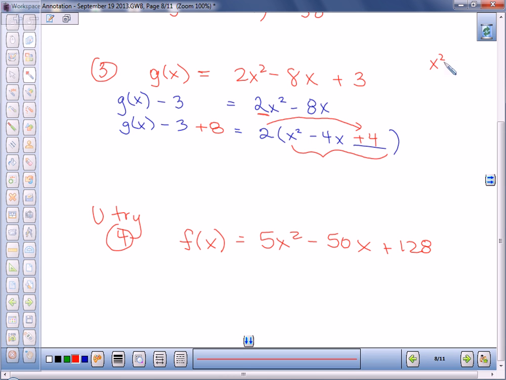X minus 2 squared. So I created a perfect square trinomial. So this factors to x minus 2 squared. And then we have the 2 out in front. And over here now we have g of x plus 5. And then we move the 5 back over. So we get g of x equals 2 times x minus 2 squared minus 5.